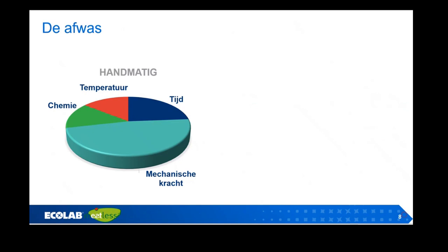So that's a little bit limited when you do the dishes by hand. When you do it with the dishwasher, how do you think the picture would be? Spending more time, but also a lot less mechanical force and more temperature and chemistry. Yes.